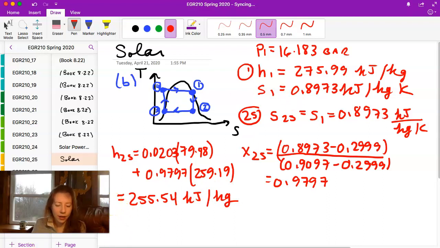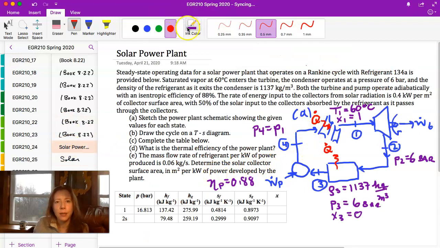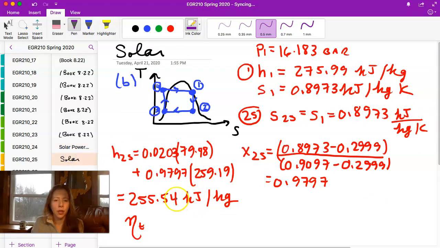All right, and then what we can do is, knowing that eta T, which we're given, is 0.88. And that is going to be equal to H1 minus H2 divided by H1 minus H2S.